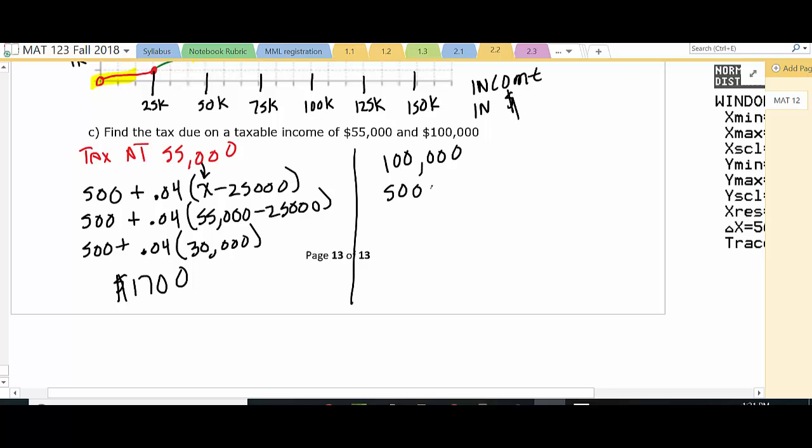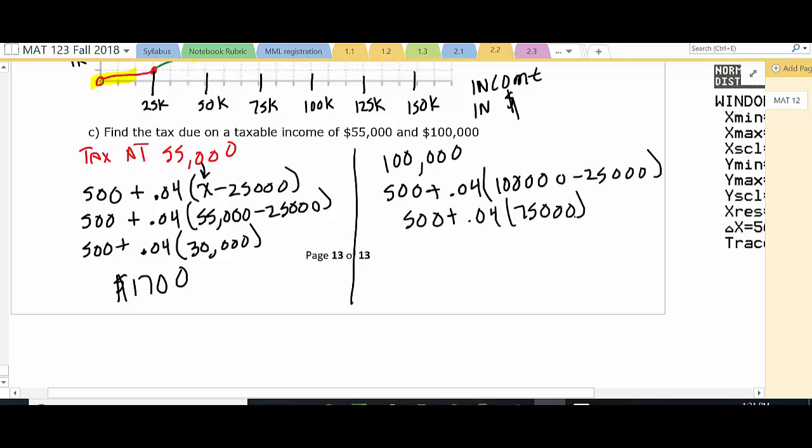You would do 500 plus 0.04 times 100,000 minus 25,000. So that would be 500 plus 0.04 times 75,000. And then you can do that on the calculator. Okay, so let's see what that is. Okay, so that's $3,500 for that income.